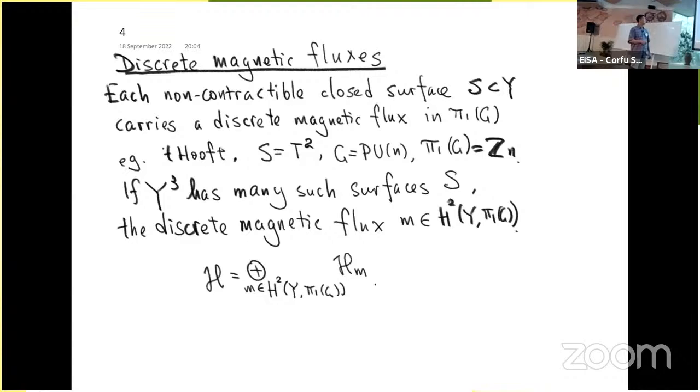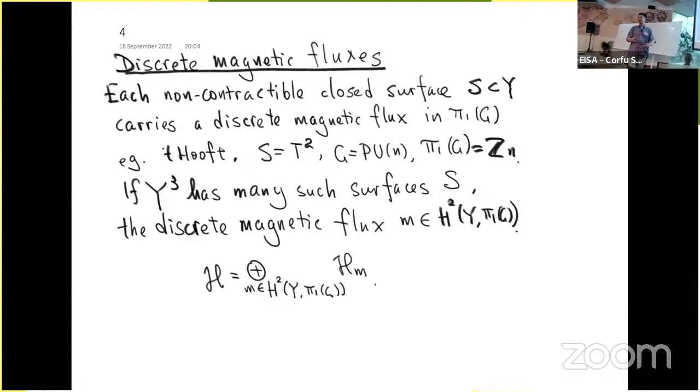Now, in general, a three-manifold may have several such non-contractible closed surfaces. So for each such surface, there is a discrete flux in this fundamental group.